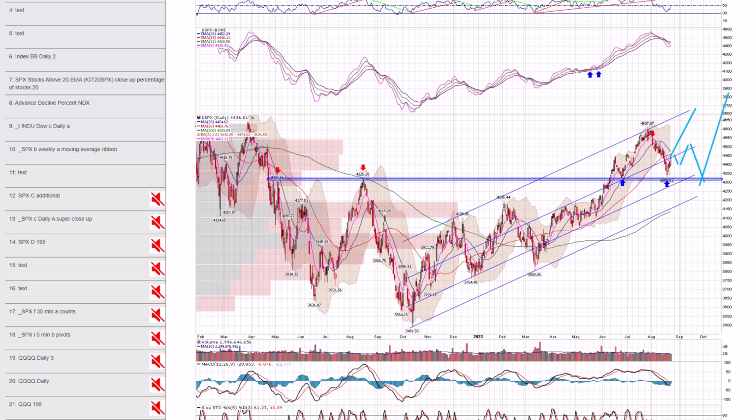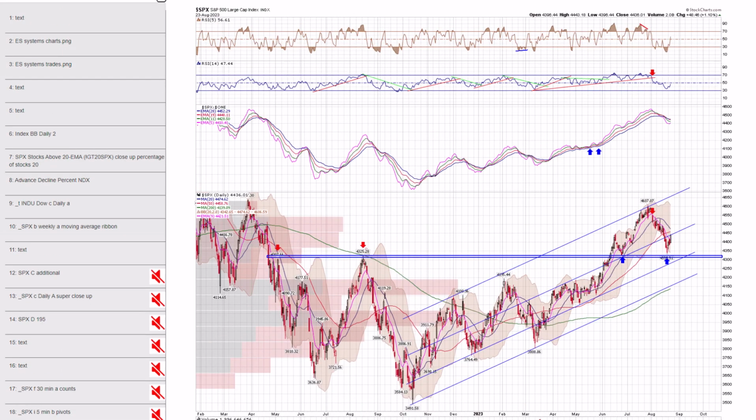Again, we'll trade whatever manifests, but that's my favorite view. Right now, you can see the S&P's rallied back to this little trend line, which could be a possible little resistance area, but really, you have the 50 and 20 MAs above, and that's your bigger areas. Also, note the moving average ribbons are now bearishly stacked. But again, we did have a logical rally off this big support zone.